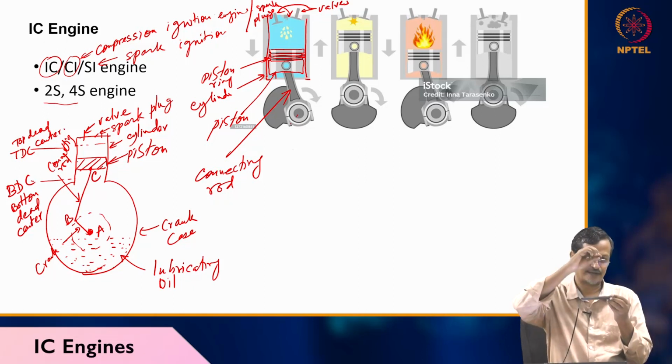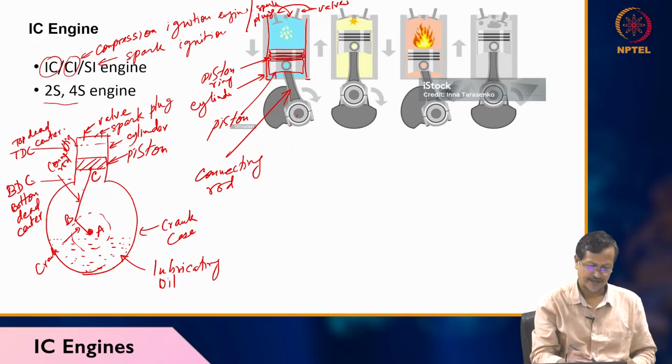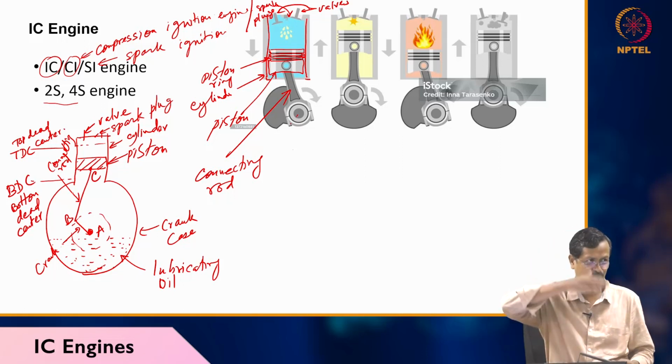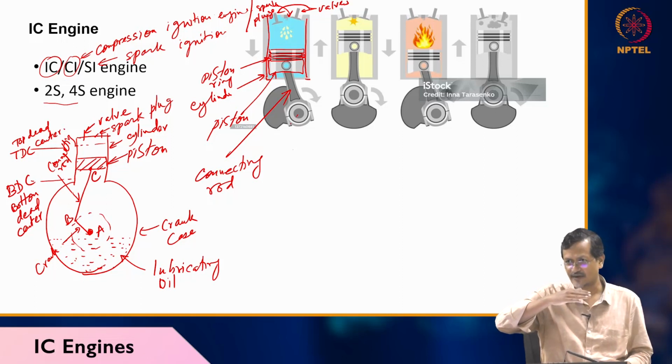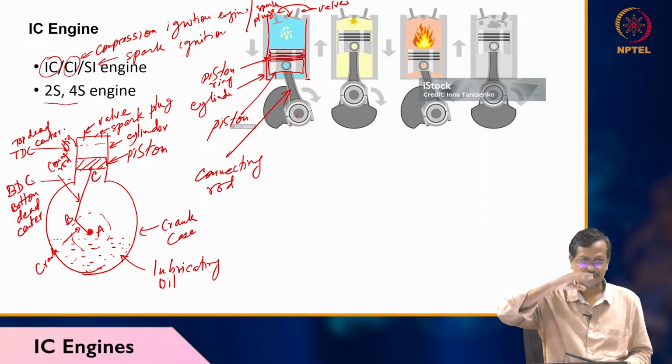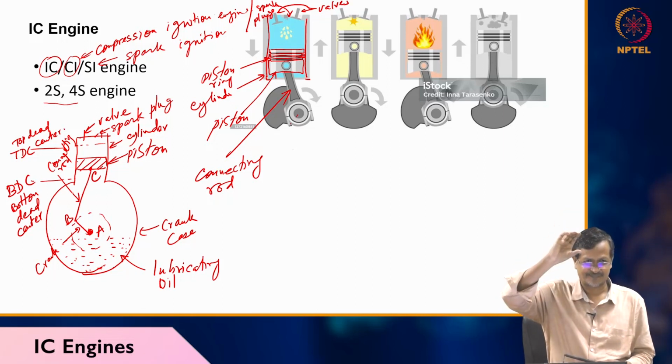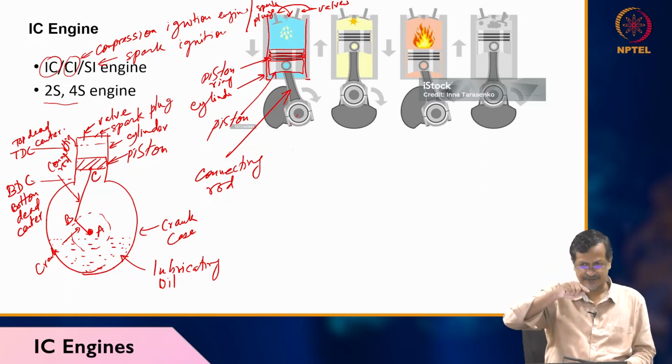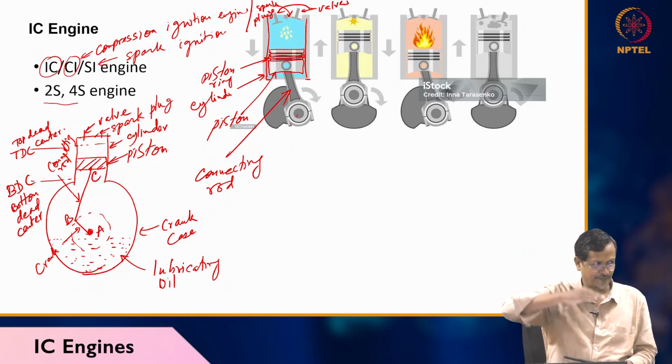When the crank is rotating, you see this connecting rod, BC, will be moving up and down. When it is moving up and down, the piston inside the cylinder will be sliding up and down. You give the crank one rotation, the piston will be moving one time up, one time down.